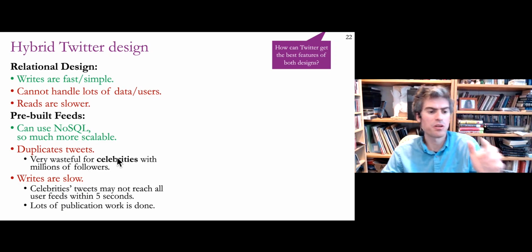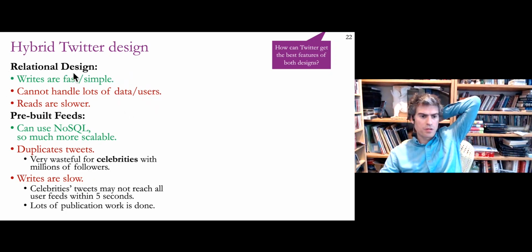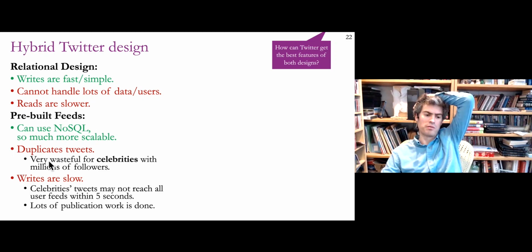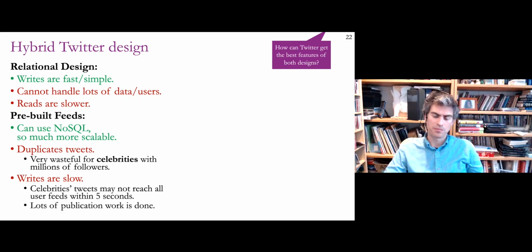In particular, we notice that the relational design works well for writes, but bad for reads. The pre-built feeds design with NoSQL is scalable and works well for reads, but does not work well for celebrities that have lots of followers. So try to think for a minute about solving that problem, about getting the best of both worlds here. It's pretty difficult, but think about it and see what you can come up with, and then I'll show you.